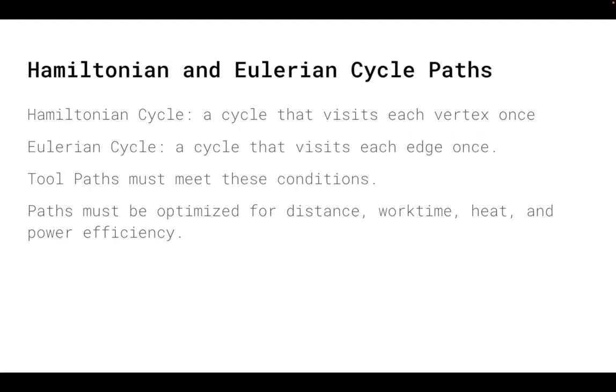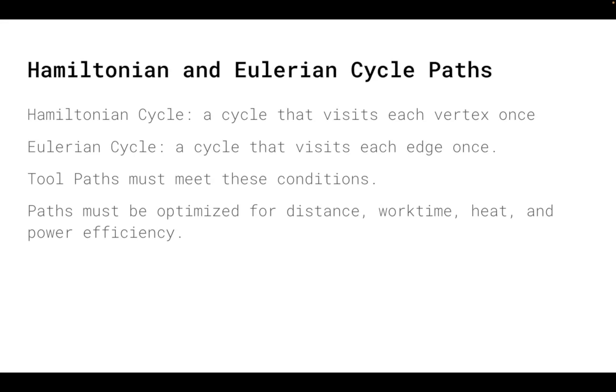So this relates to what we've been learning about in this unit with Hamiltonian and Eulerian cycle paths, where tool paths are going to fulfill both of these requirements, in that they should only cut on one edge once and should complete into a closed shape.